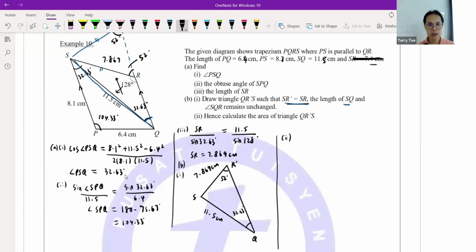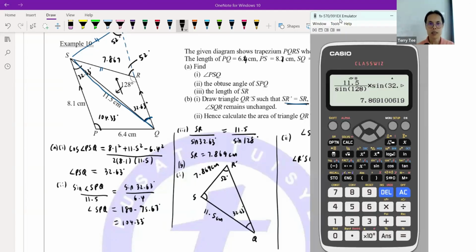Okay. So we need to find this angle. By the way, just so you know, your SR'Q is 180 minus 128, which is 52. If this is 52, your R'SQ will be 180 minus 52 minus 32.63. That will give us 95.37.